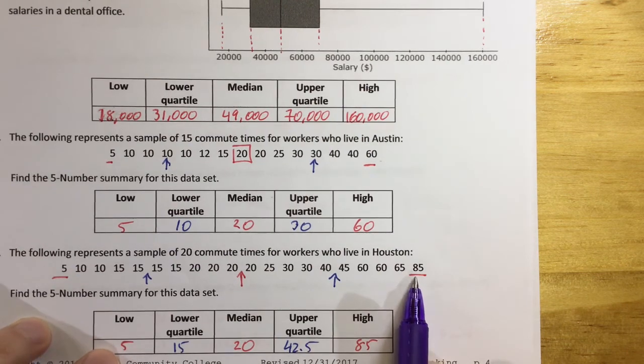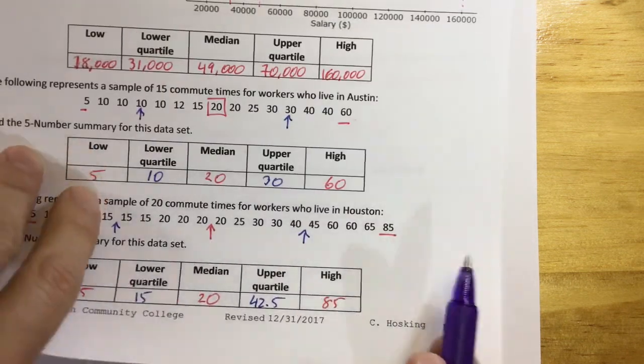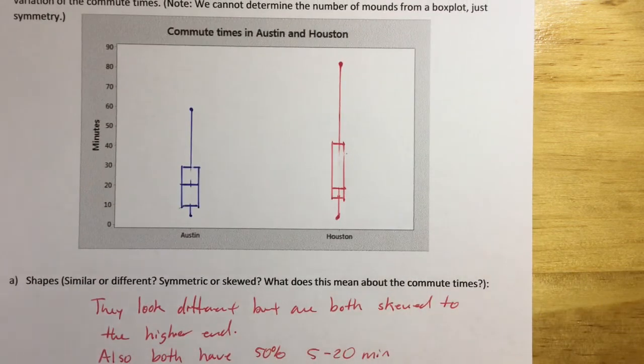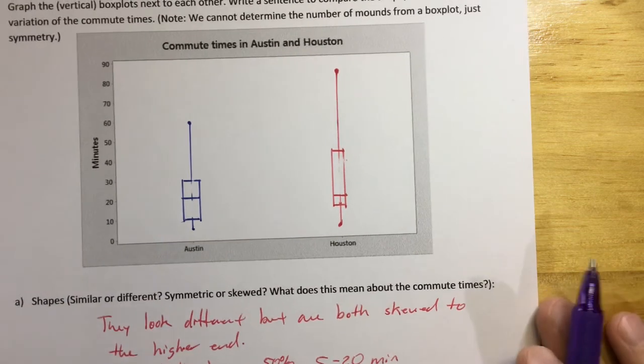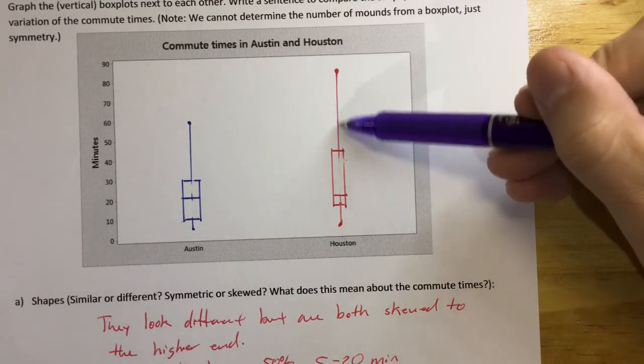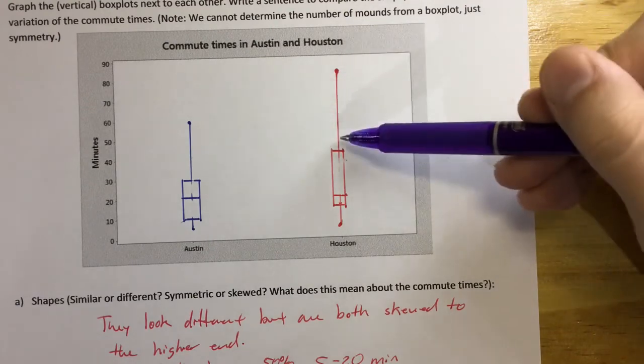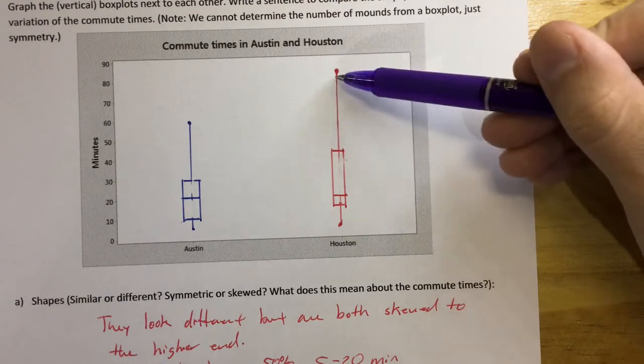Now, the good thing is it doesn't change all the parts of the graph, right? If all we're talking about is trying to take an average, like a mean, it can dramatically change it by being this outlier number. But what we really see here is it just stretches out that one whisker. So we can look at that whisker and say, okay, well, obviously there's an outlier involved here.